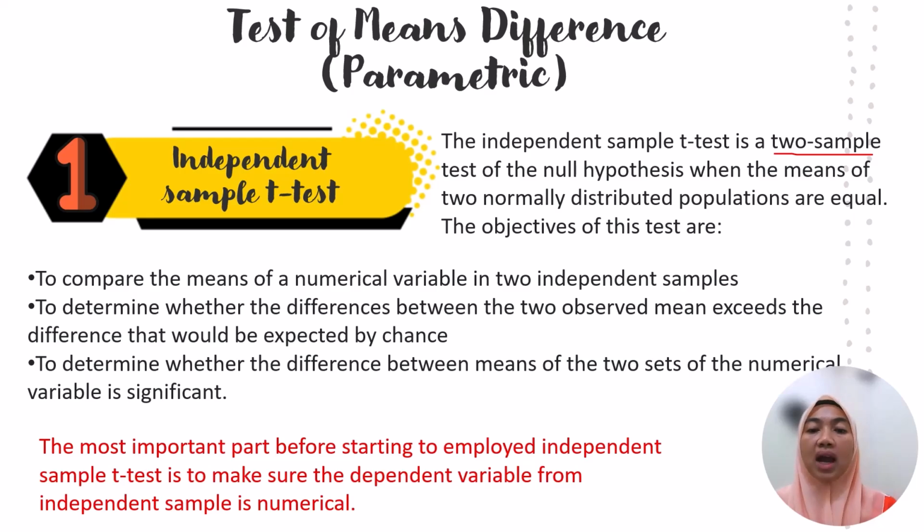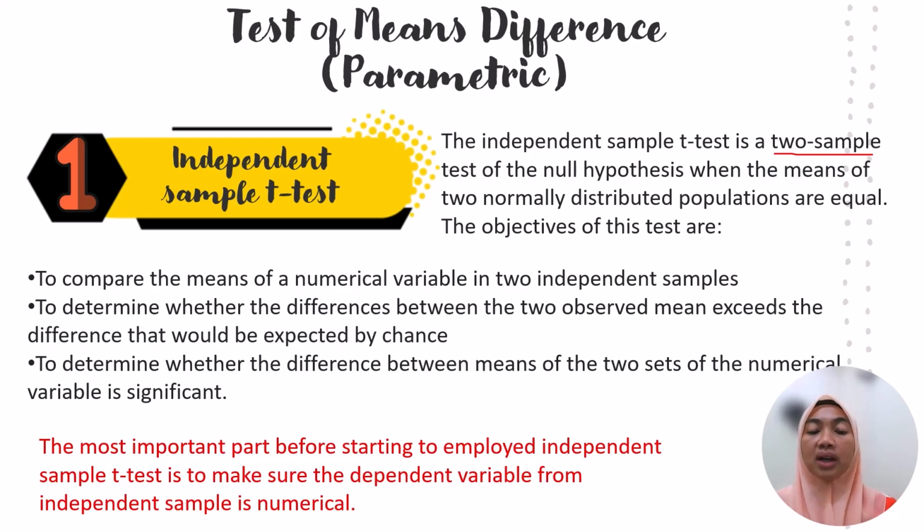There are some objectives of the independent sample t-test. The first one is to compare the mean of a numerical variable in two independent samples. Then we determine whether the difference between the two observed means is more than would be expected by chance.